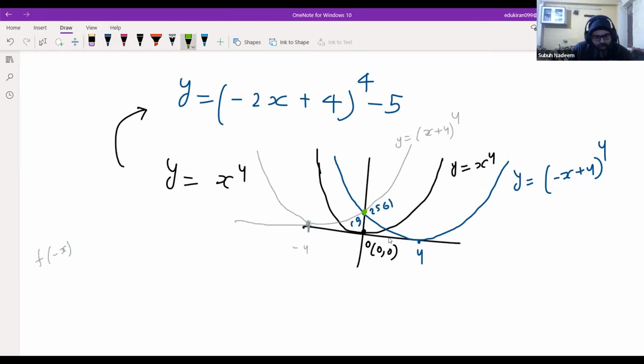But now this is at 2, 0. This will be the graph of y is equal to minus 2x plus 4 to the power 4. This is the compression.